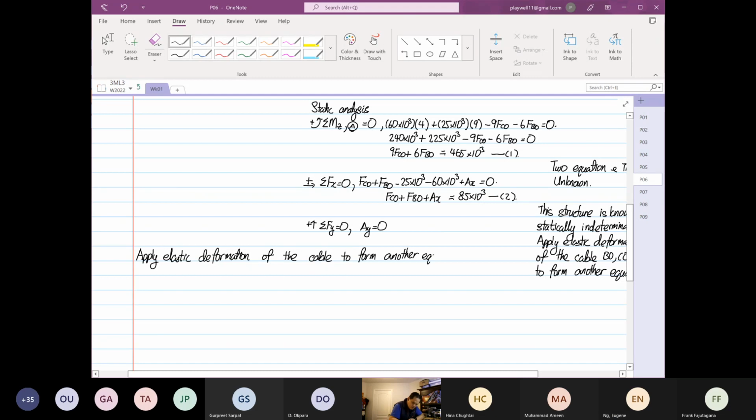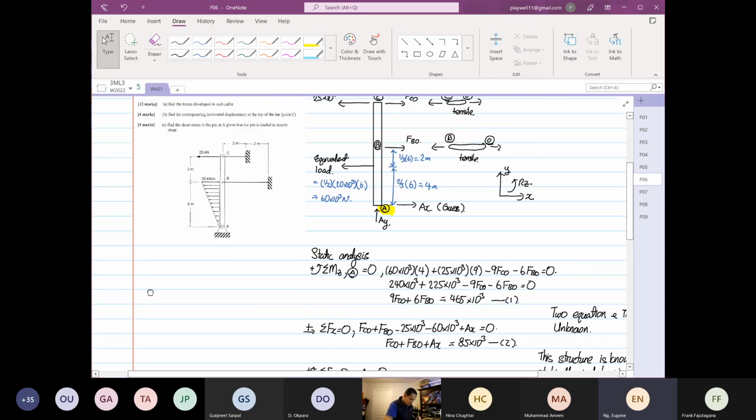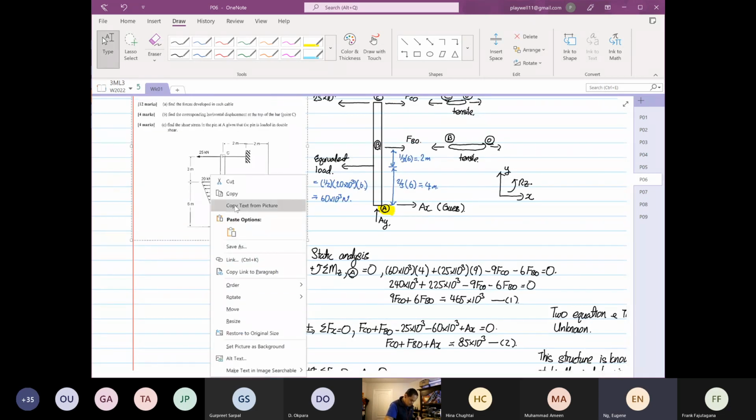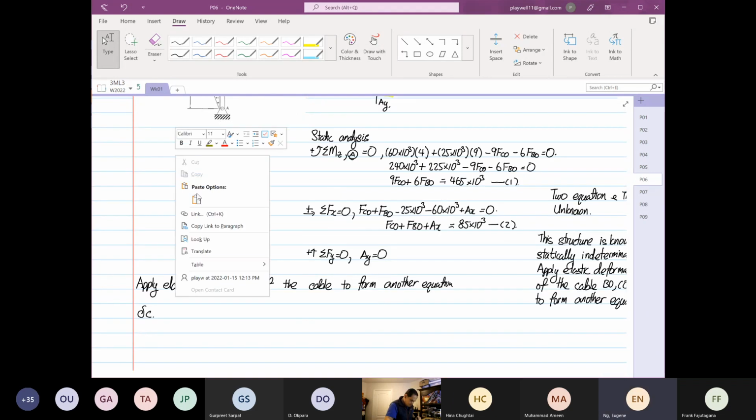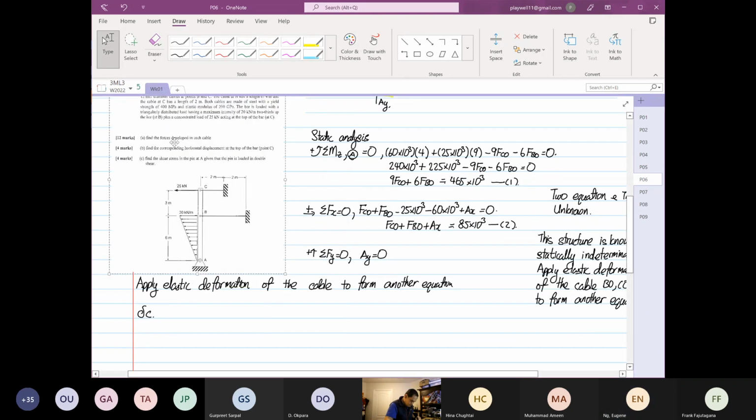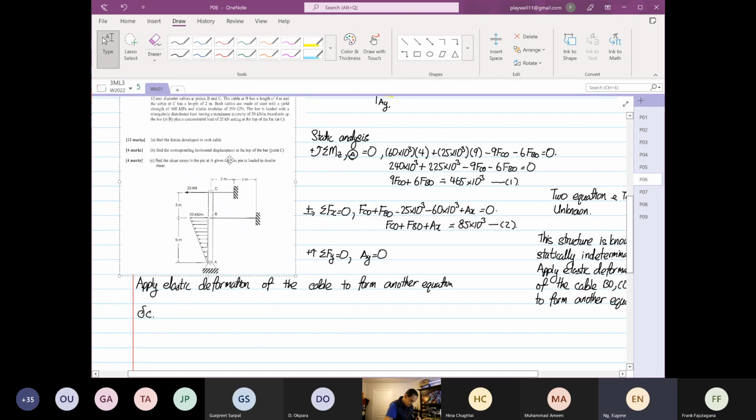So we look at the deformation. We look at deflection of point C. Let me get the diagram, then you can see better. Let me copy and let me paste. You can see better when I write.